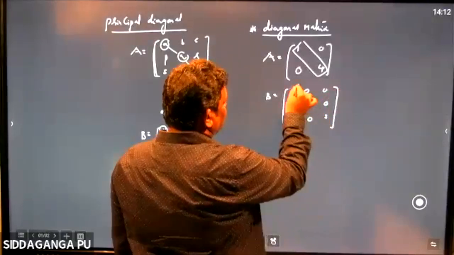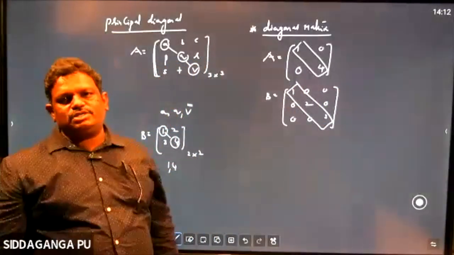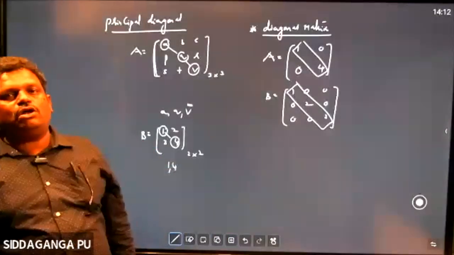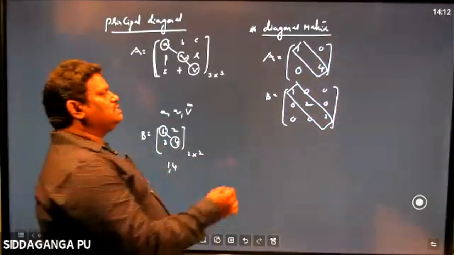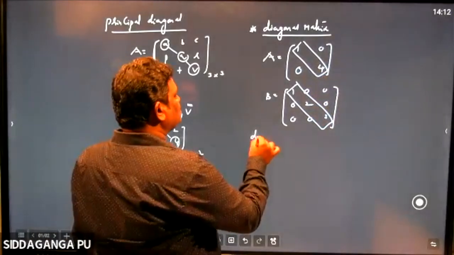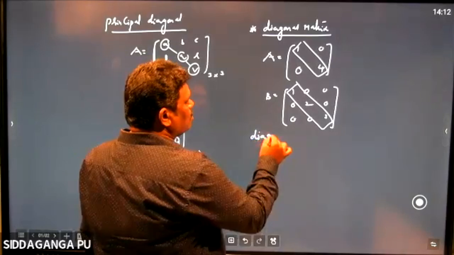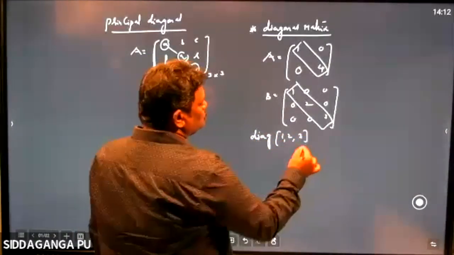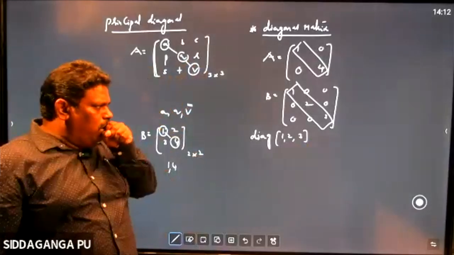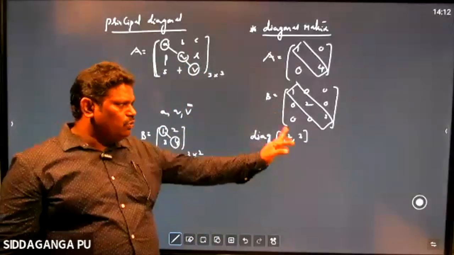The principal diagonal elements are non-zero and the remaining elements are all zeros. Simply remember, a diagonal matrix is sometimes written as diag of 1 comma 2 comma 3.